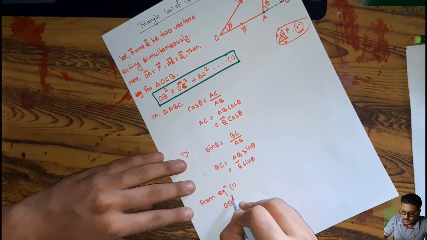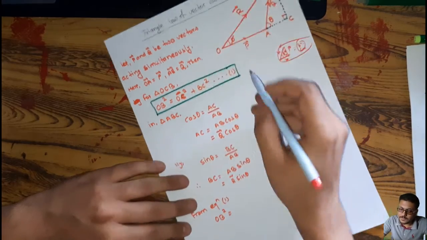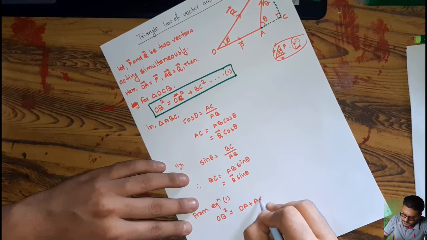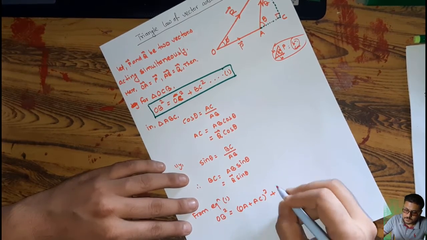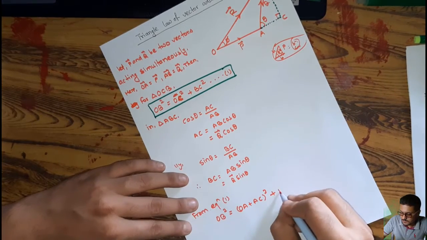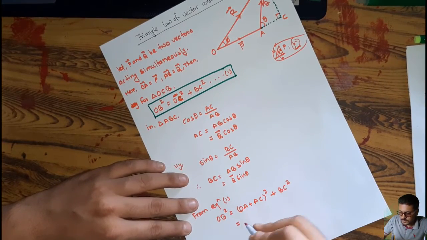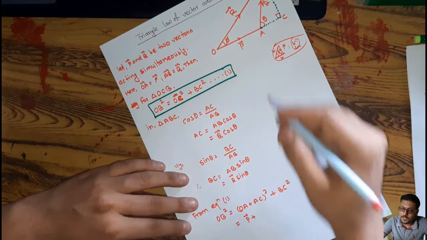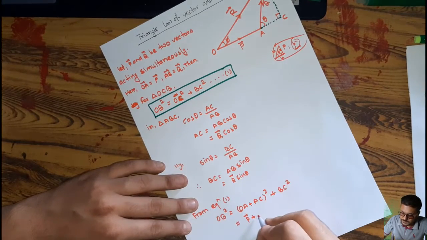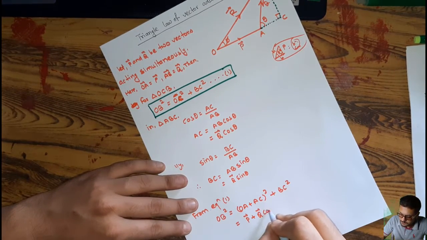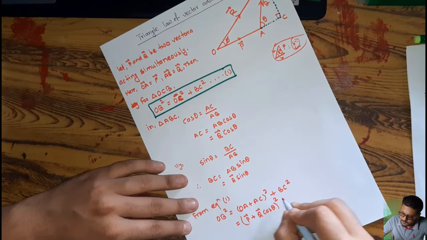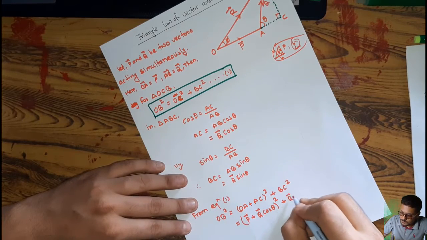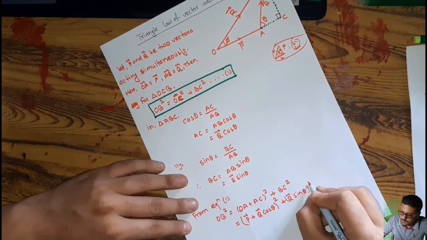OB square is equal to OC, meaning OA plus AC, whole square, plus BC square, which is equal to OA, meaning P vector, plus AC, which we calculated already, Q cos theta, whole square, plus BC, Q sine theta, whole square.